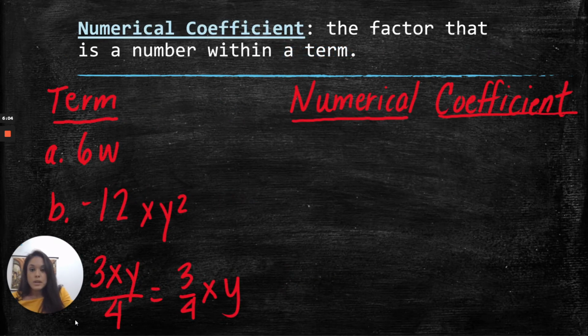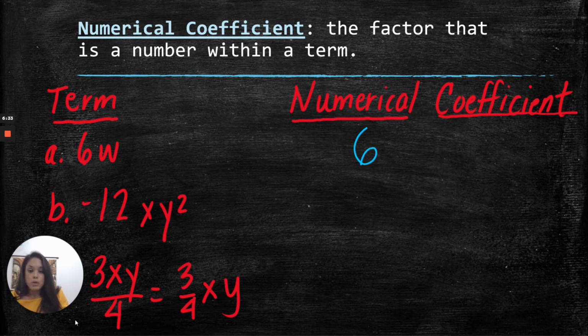Last definition for you today, numerical coefficient is the factor that is a number within a term. So we have a term here in example A, which is 6W. We're looking for the number. The number in this coefficient would be 6. In example B, we have negative 12x times y squared.